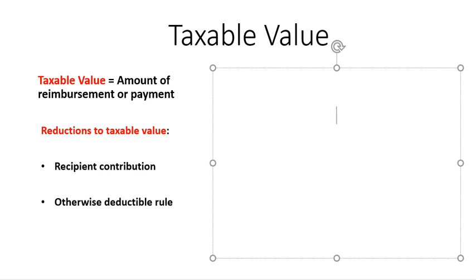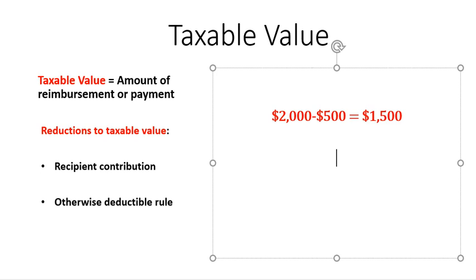However, the policy specifies they only cover $1,500. So Tony then pays $500 back to his employer, and so that's his contribution as the recipient. So we've got the $2,000 for the health insurance, but Tony contributes $500, and so individually the health insurance has a taxable value of $1,500.